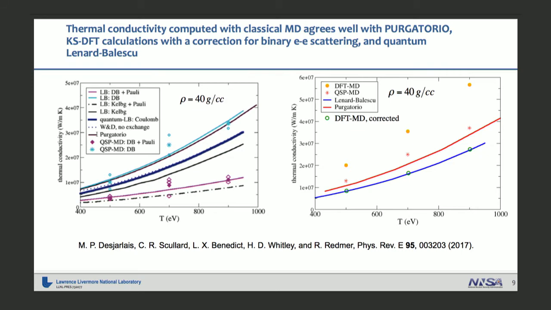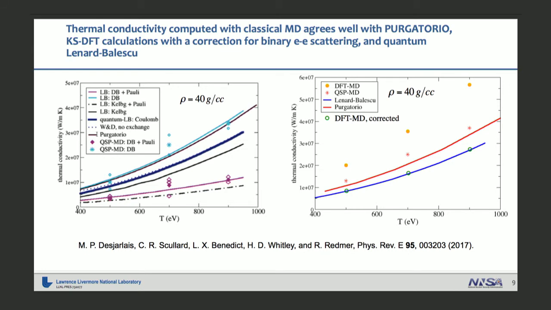For the thermal conductivity, basically we were comparing a bunch of quantum and classical Lenard-Balescu calculations of the type that Lauren mentioned this morning with our various MD with QSPs and quantum calculations and DFT-MD.